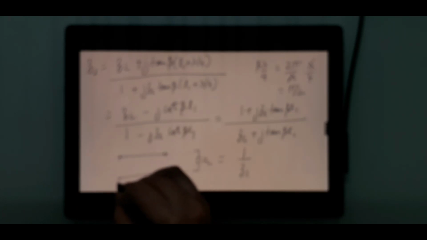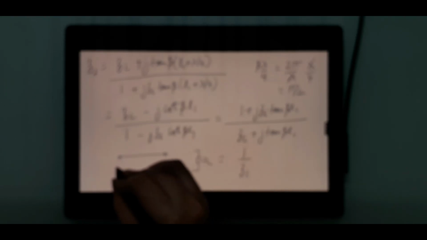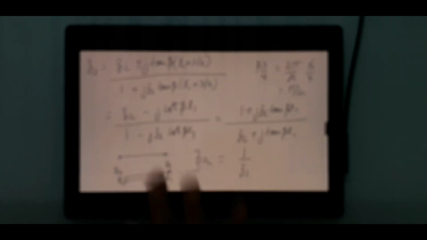Let's say this is L1 and this is L2. The distance is lambda by 4. So the impedance at this point is Z1 and this is Z2, and this is normalized impedance.